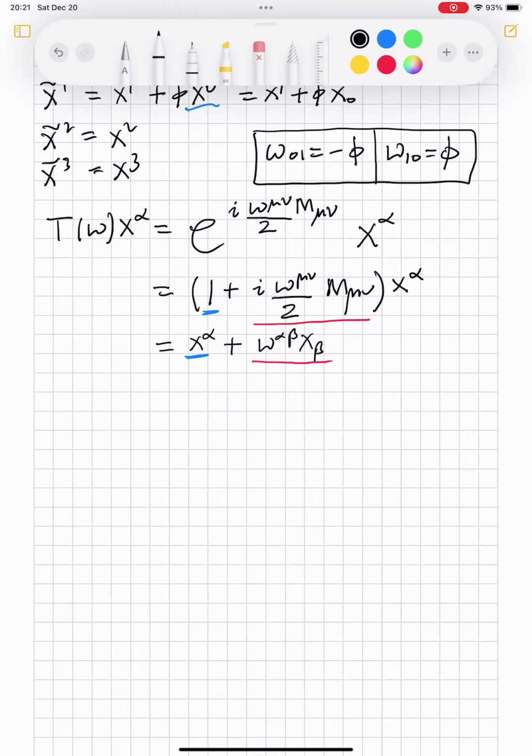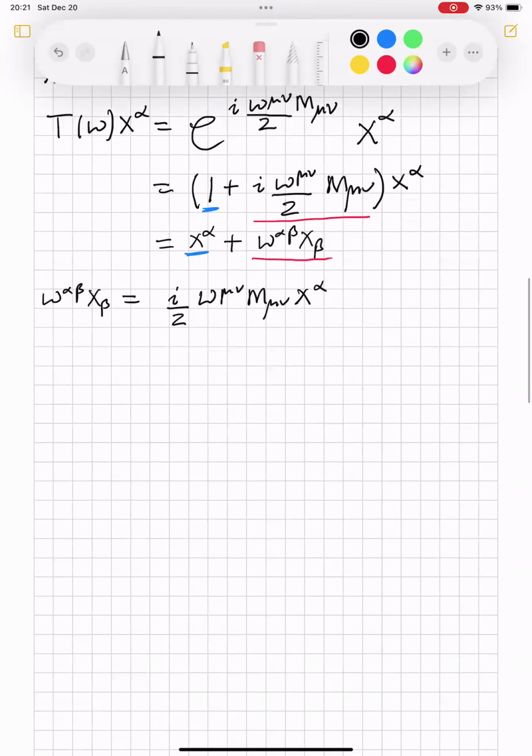So the omega alpha beta x beta should be equal to i over 2 omega mu nu M mu nu x alpha. So from this equation, we should be able to tell what is the action on x alpha. So let me tell you what I read off, and then we'll check it together.